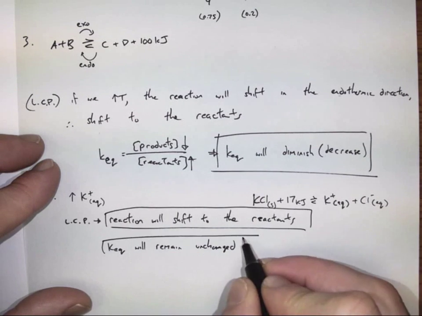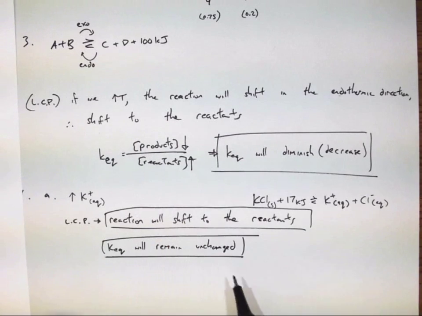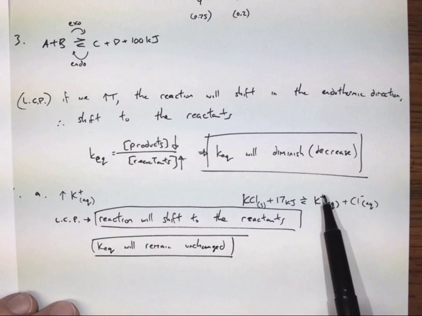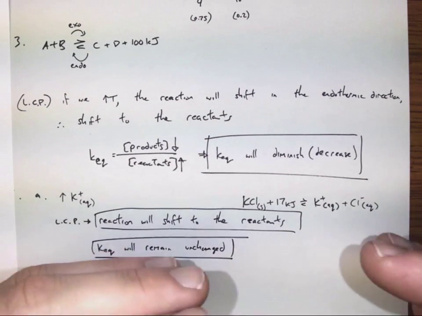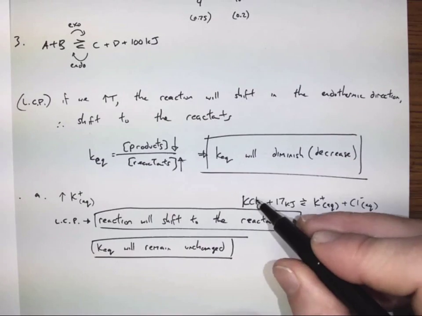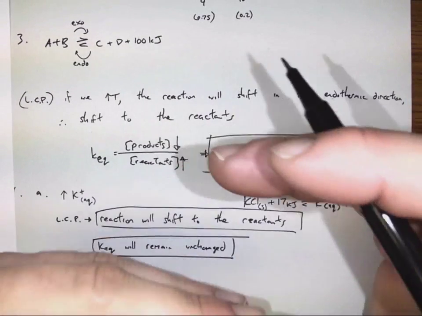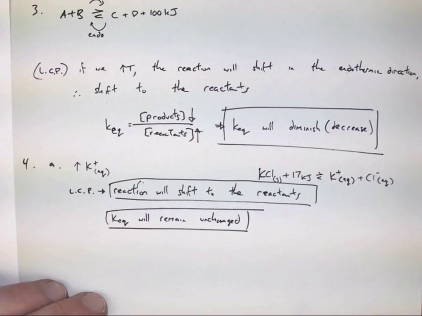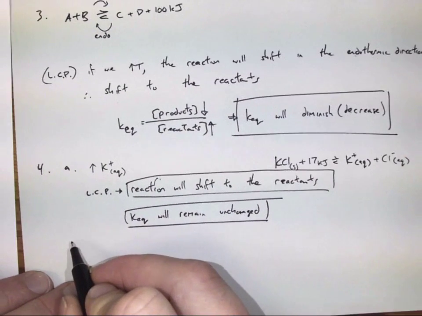The ratio of reactants and products is still going to remain the same, even though we increased some of the products, and as such, we then increased some of the reactants as we shifted some toward the reactants. So those two changes cancel each other out, more or less, and they don't cancel each other out entirely. We do increase the concentration of both the reactants and products, but in tandem, which means that when we are dividing them, we end up getting the same value we did originally. So our KEQ remains unchanged.